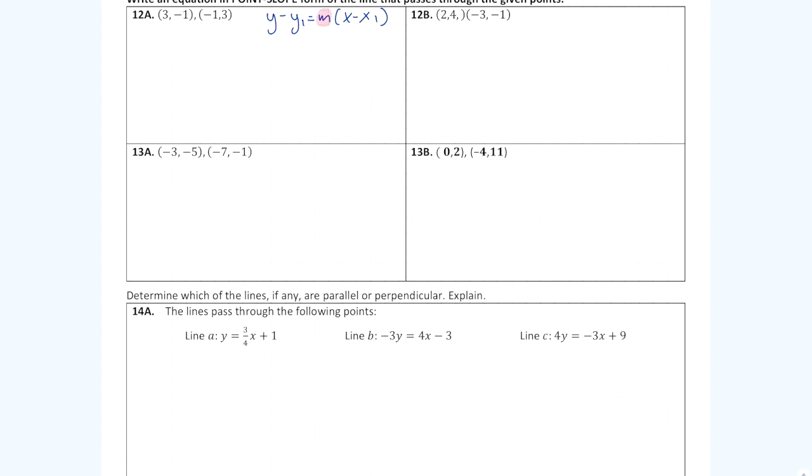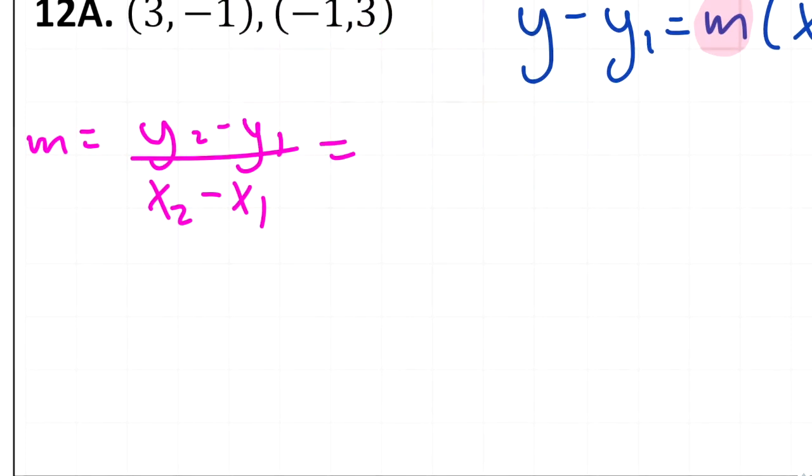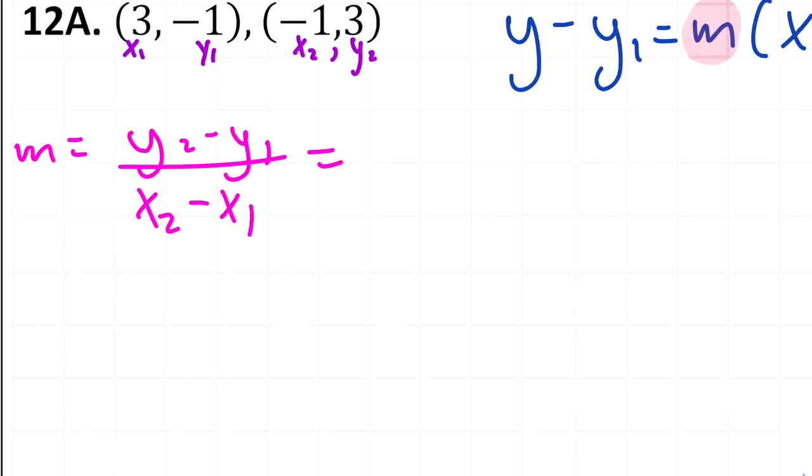But I can find my slope by using my slope equation, which is m is equal to y sub 2 minus y sub 1 over x sub 2 minus x sub 1. Let me call this my x1, my y1, my x2, and my y2, and then just plug in this information here.